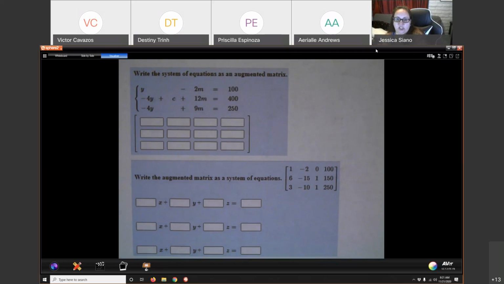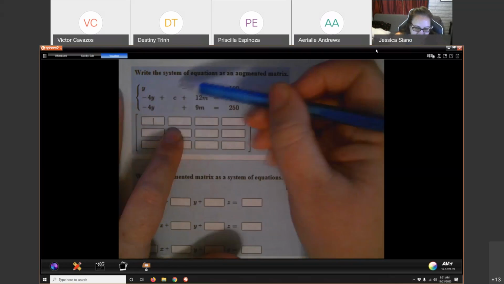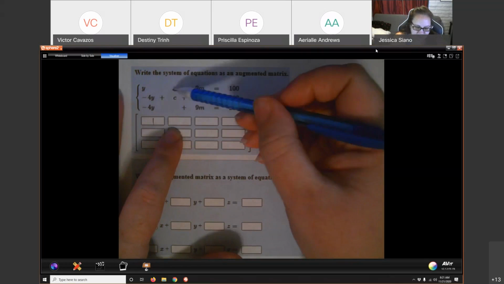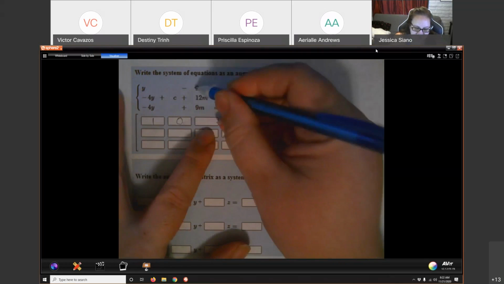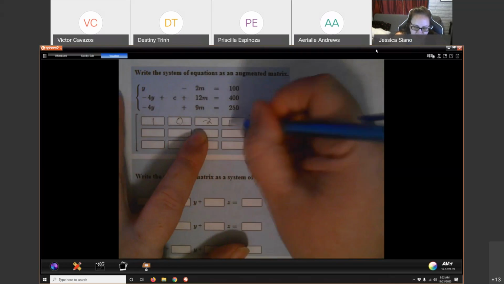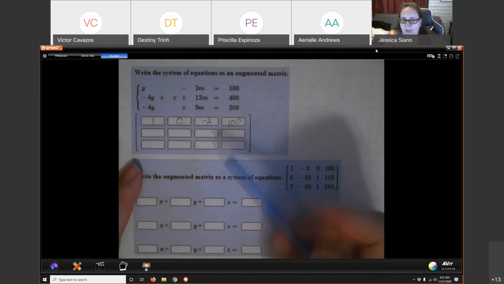And so if I was to turn this system into a matrix, it would be, there's one y here. Now be careful because there are no c's in this equation. So I would say 0. And then a -2 and 100. So if there is a negative, that negative goes with the number. Okay.